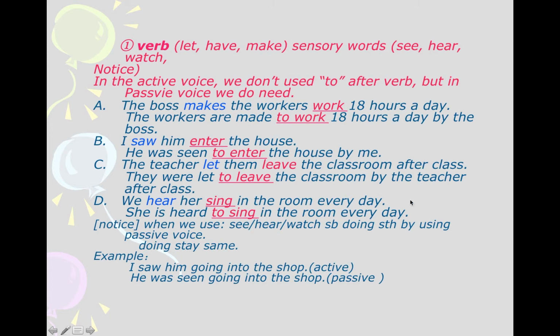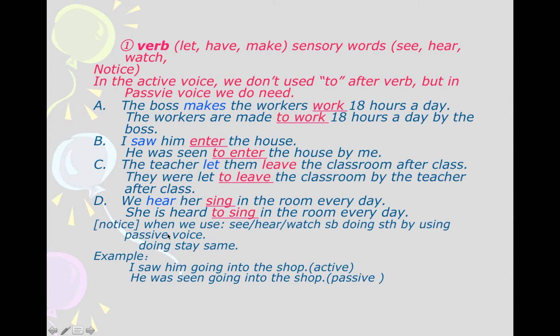After it becomes passive voice, it is "they were led to". The last one is: we hear her sing in the room every day. So she's heard to sing in the room every day. Same thing, we have to have "to" here.